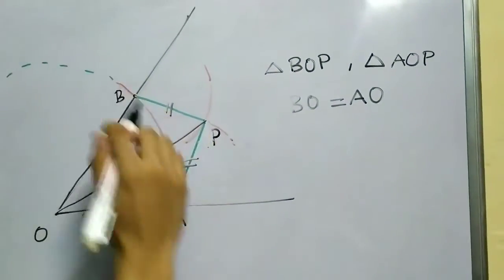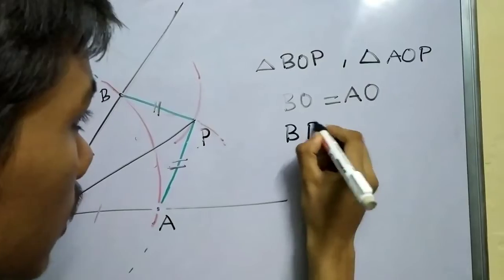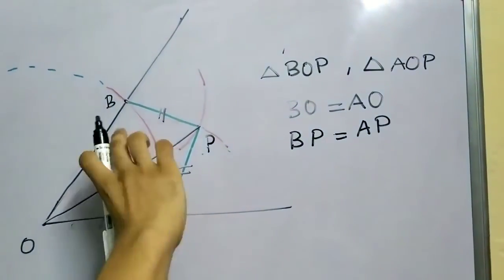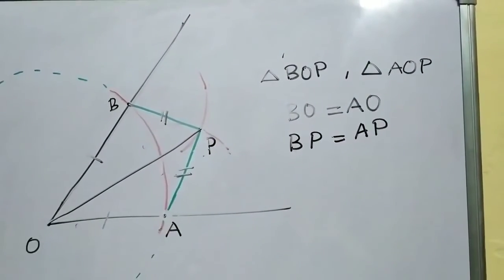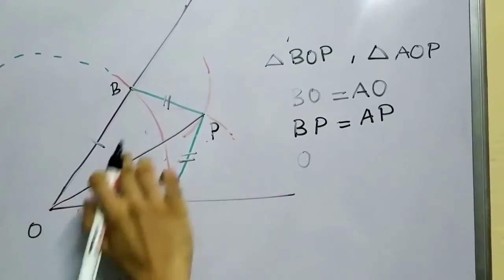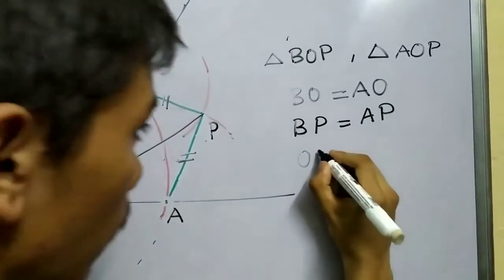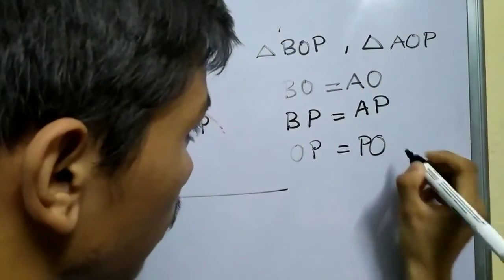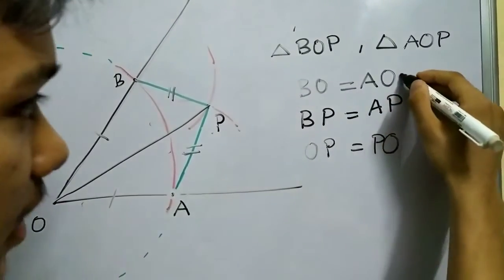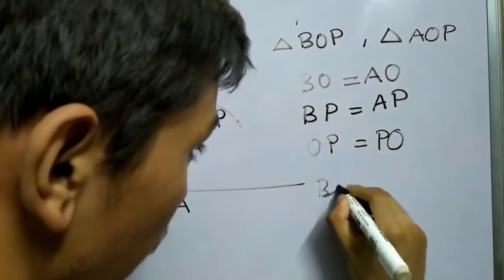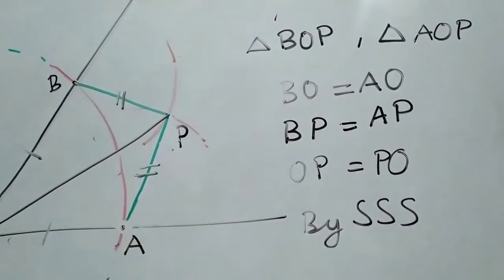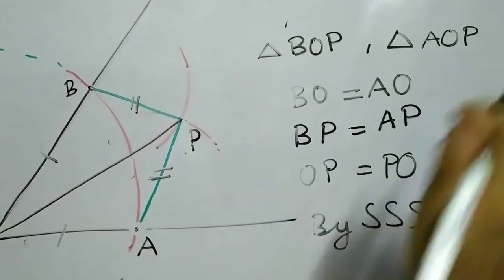And BP is equal to AP, because we didn't change our compass length. And this length OP is common to both of these triangles. OP is equal to PO, because this is common. Therefore, by SSS criteria, all three sides of these two triangles are equal. This means that these two triangles are congruent.